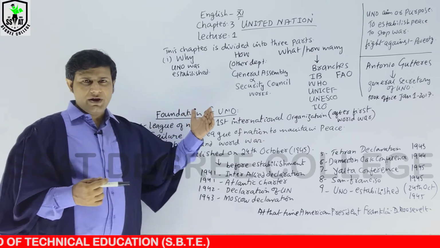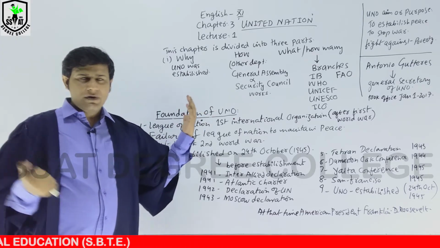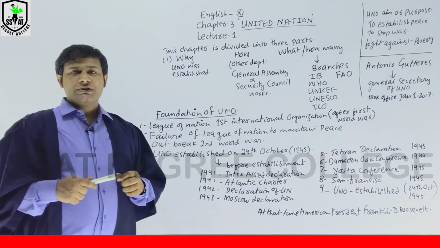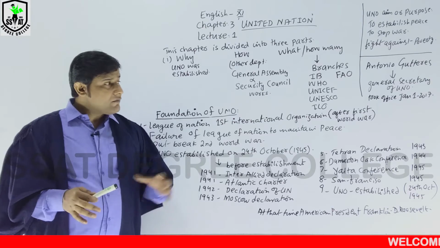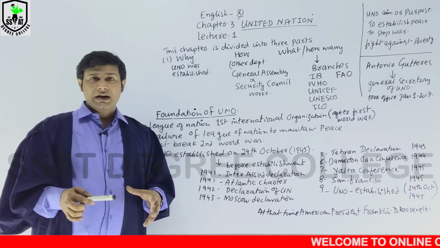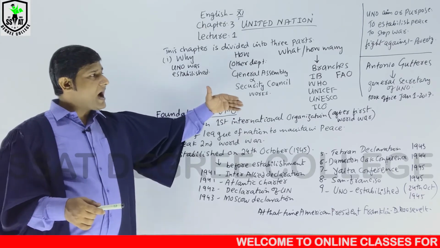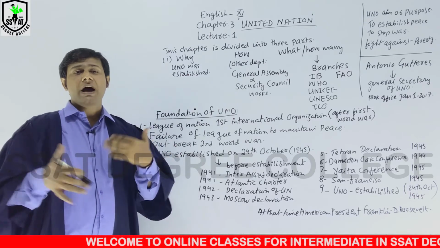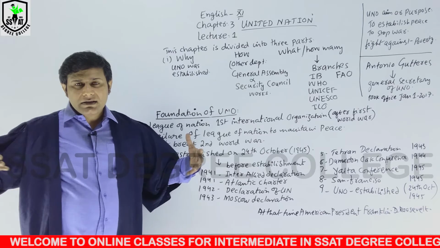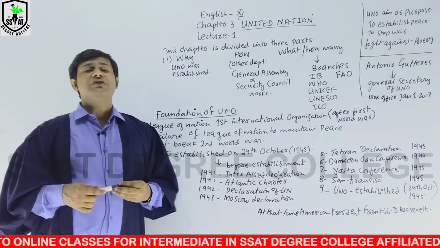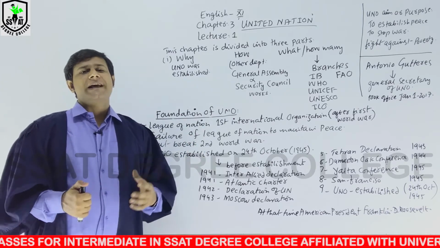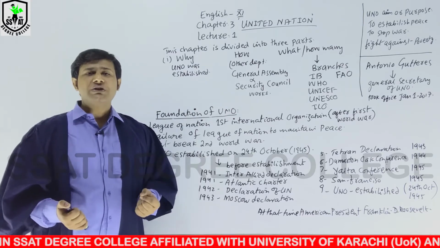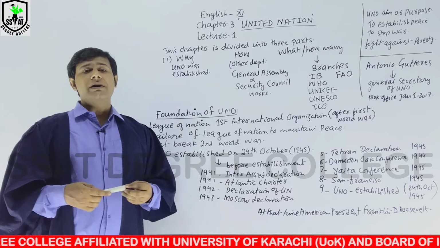Before that, there were other Secretary Generals performing their duties, and they had different responsibilities. Under the supervision of the Secretary General, 3,500 persons are working. The Secretary General is appointed by the General Assembly with the approval of the Security Council for a 5-year term.